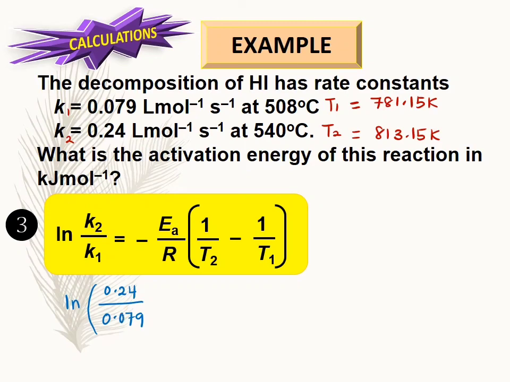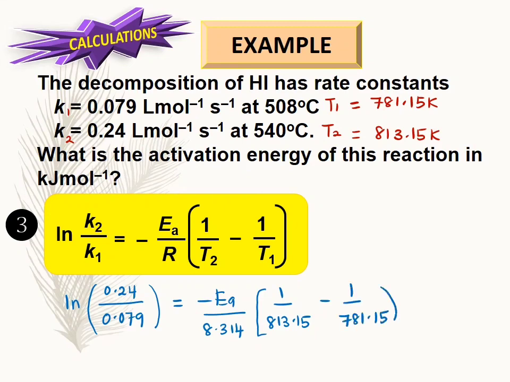Okay, so itu untuk K. And then teruskan, soalan nak cari apa tadi? EA kan? Sama dengan negatif EA over R, kita ada constant 8.314. Okay, and then T2 tadi kita dah ada, 1 over 813.15 minus 1 over 781.15.